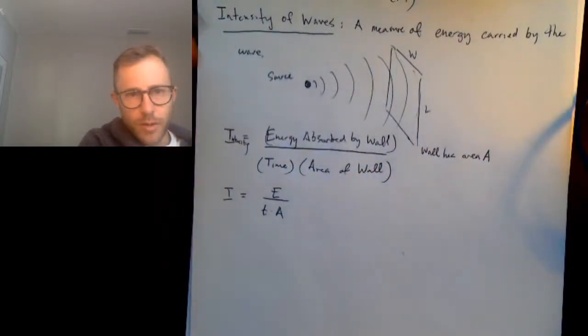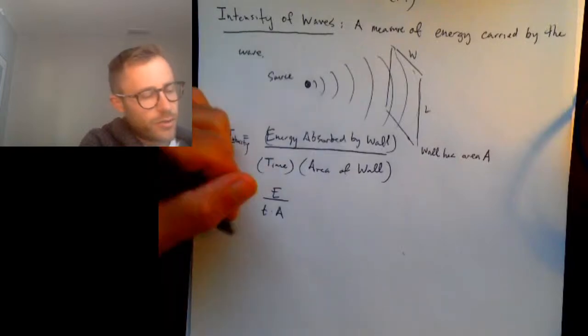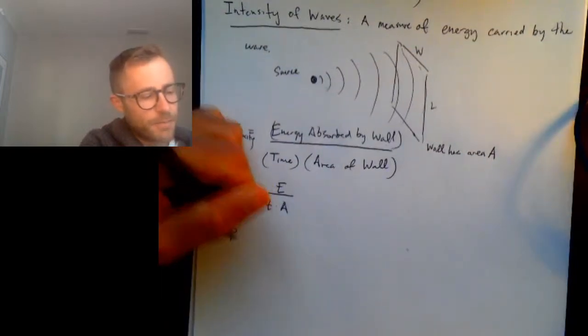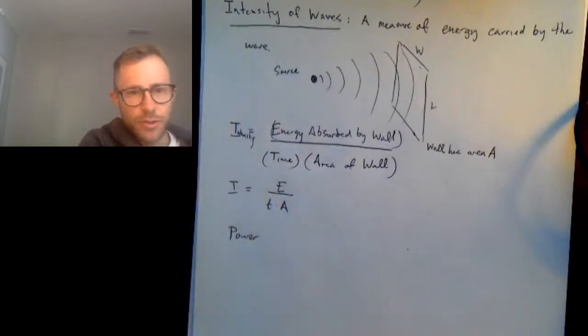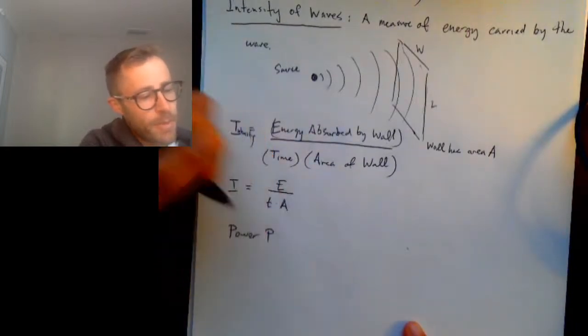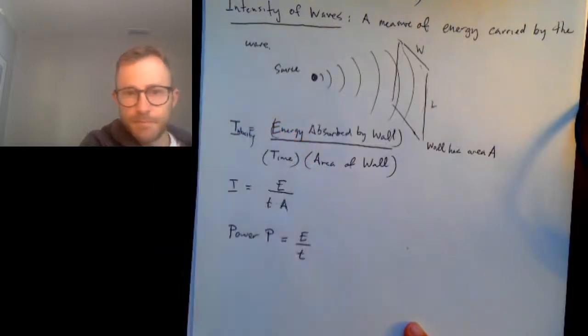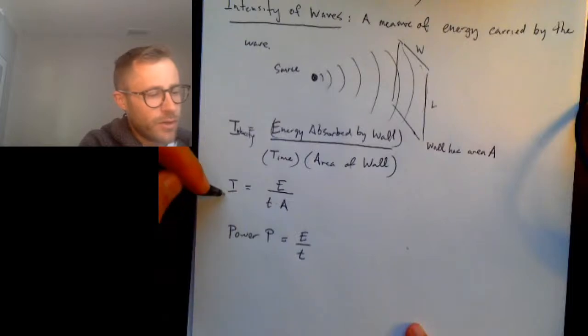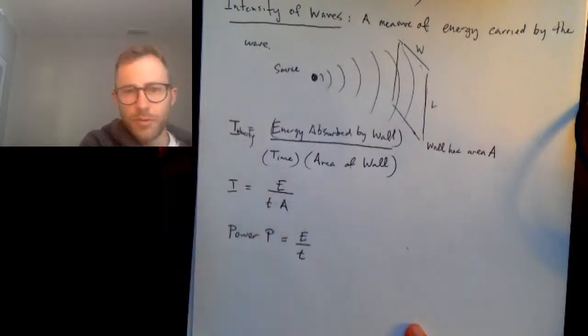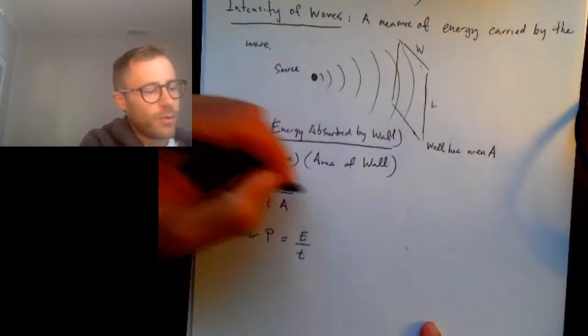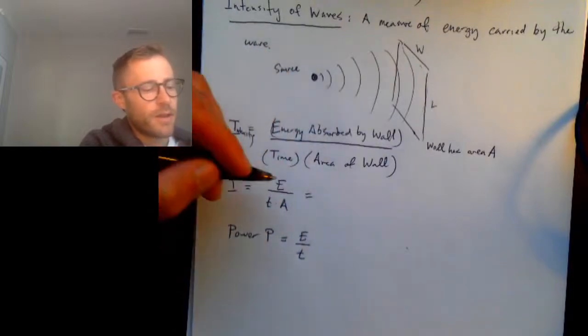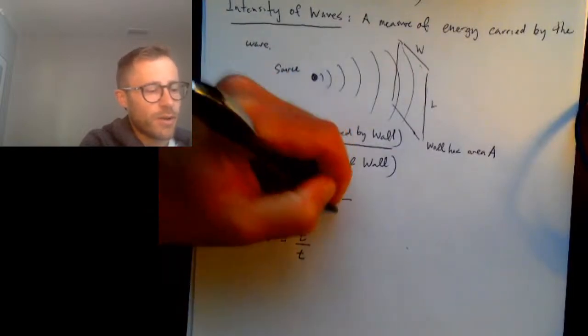We're going to learn more about this concept later on, but there's something called power, which is denoted by P, and power is energy per time. So actually we could write the formula for intensity a little bit more simply as power per area.